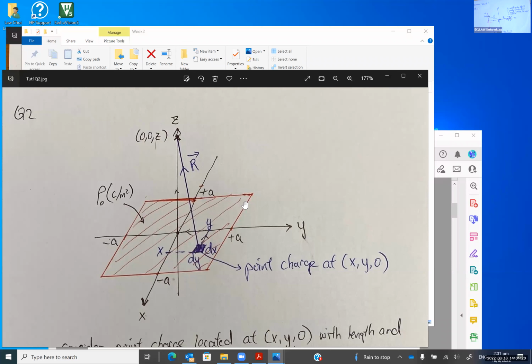So this is the conducting plate at z equal to 0. We're trying to find the E field at this point, 0, 0, z, where z is some positive value. By default, we assume every variable is positive to visualize. Okay, having drawn that, what's the next thing?